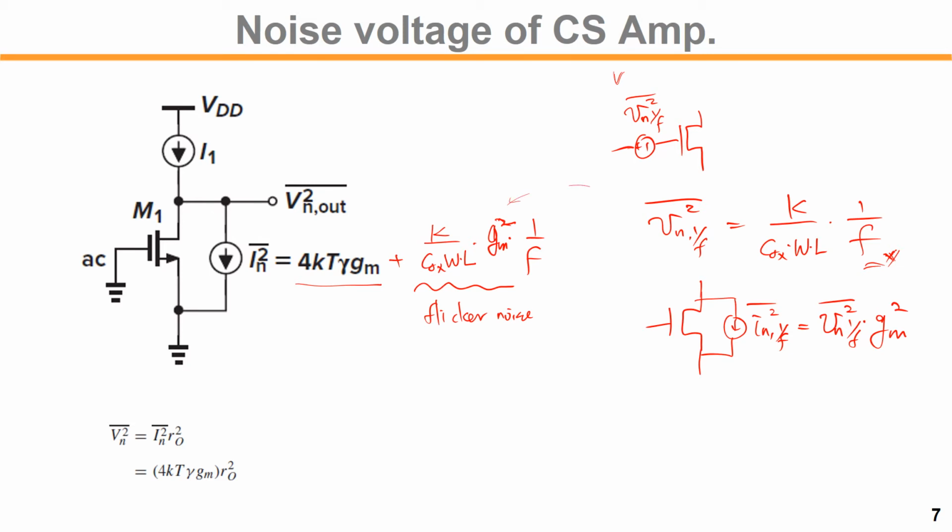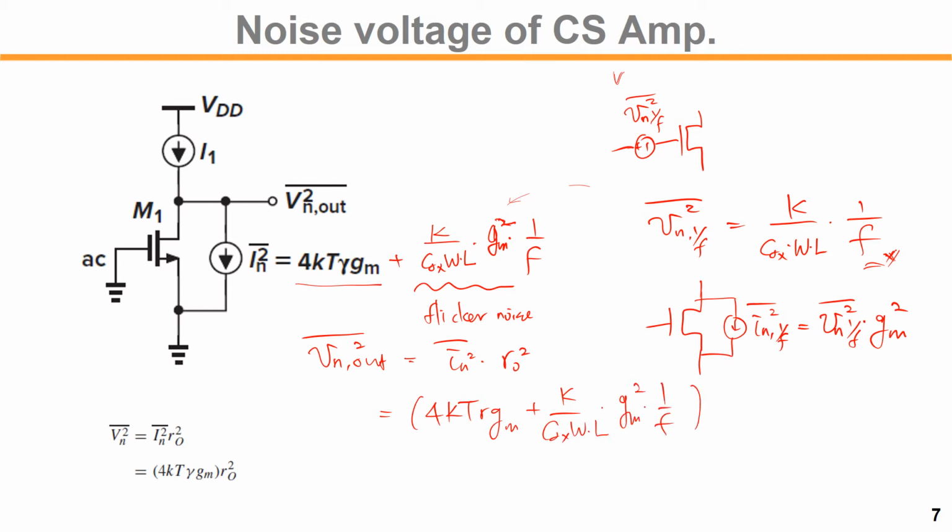Finally, the noise voltage at the output would be IN squared times RO squared, that is 4KT gamma GM plus K over COX W times L, GM squared, times 1 over F. Okay.